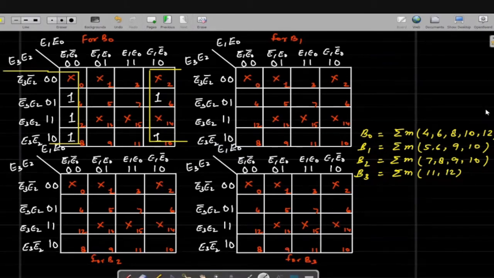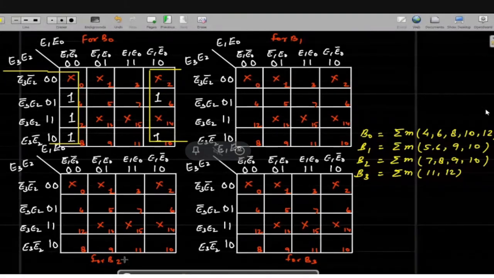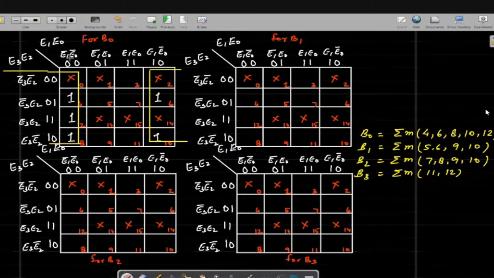When we solve this octet, what will we get? The V0 expression will be E0 bar, because nothing is common row wise, so only column wise what you can get common among these 0, 0 and 1, 0 means 0 is common, so 0 corresponds to E0 bar. So you can write here, this is E0 bar.